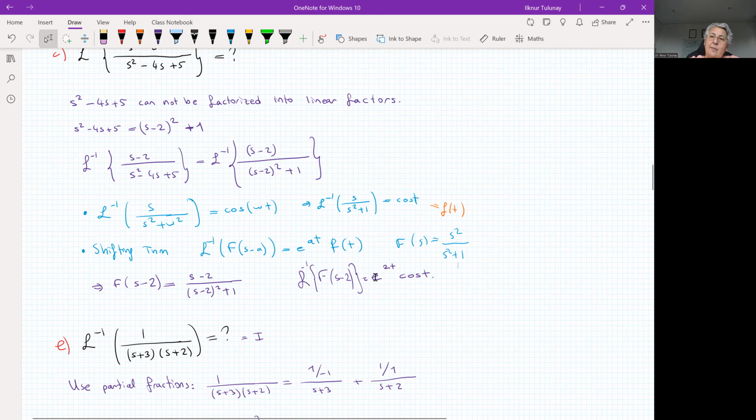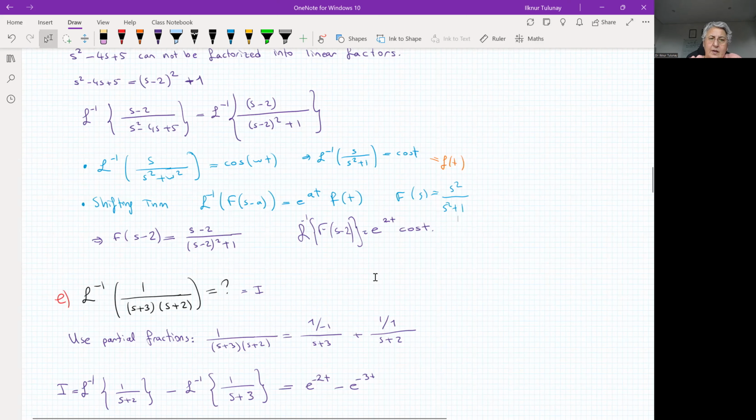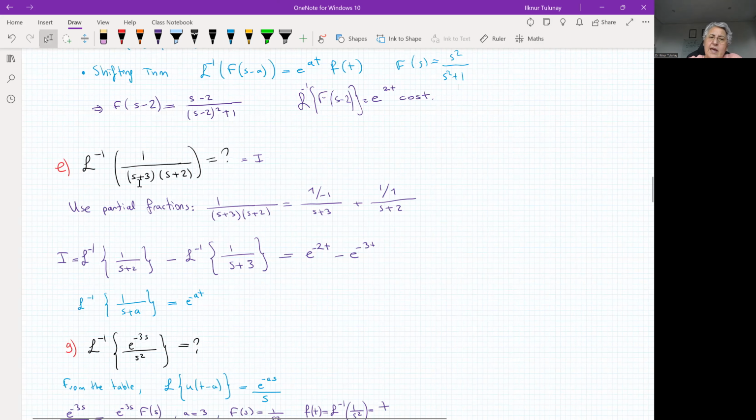Okay, next example about the partial fractions. So we have linear factors here, so we need to think about the partial fractions. Why? Because the inverse is a linear function. We cannot split the functions in multiplicative form, but we can split the functions under the L or L inverse transform if they are in an addition form.